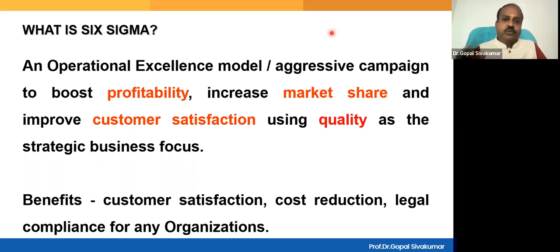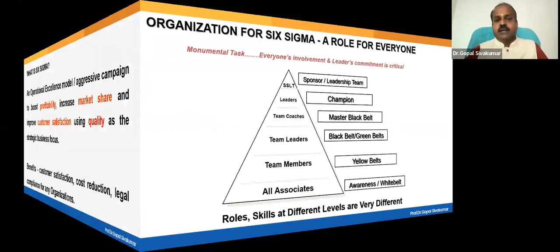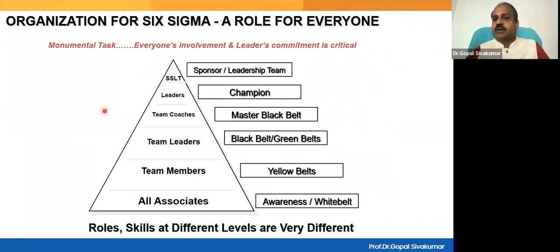Such a drive towards attaining the long-term goals of the top management is known as operational excellence. Ultimately, it will boost profitability, increase market share, and improve customer satisfaction, and the strategic focus is on quality, right? The benefits are customer satisfaction, cost reduction, legal compliance, and everything will automatically be set right. This is the kind of infrastructure I was talking about.